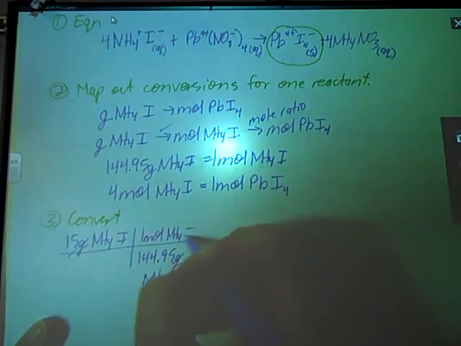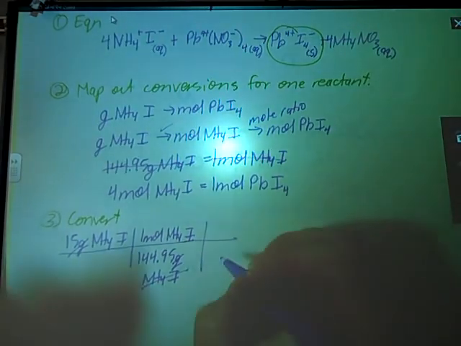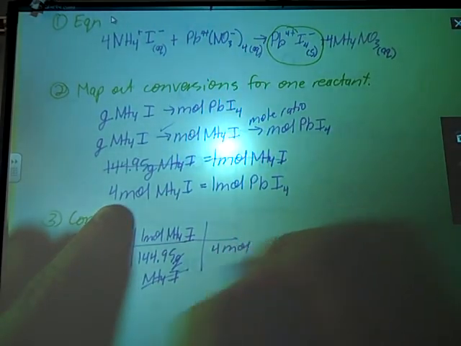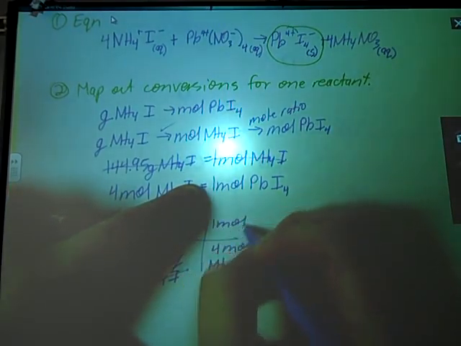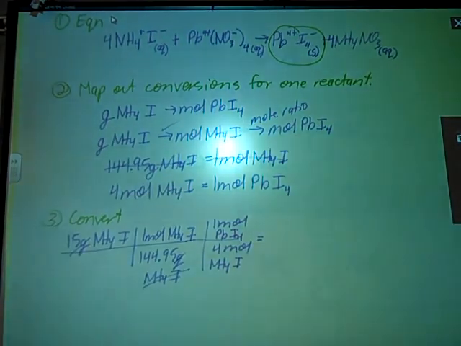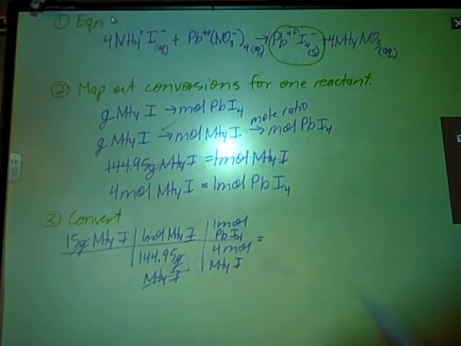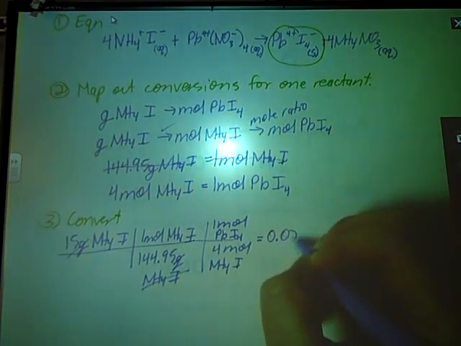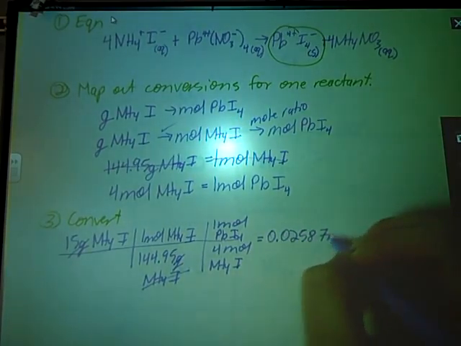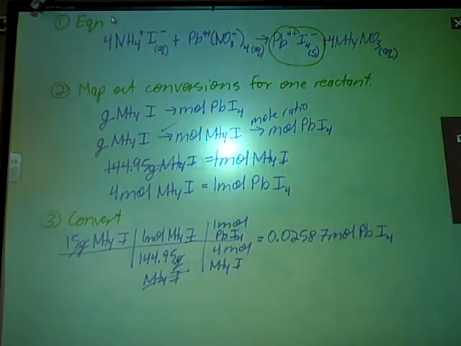So we took care of those 2 pieces. 4 moles of ammonium iodide to 1 mole. There. So let's see, 15 divided by 144.95 times 4 gives me 0.025. We'll carry this out a ways. Moles of my lead iodide.